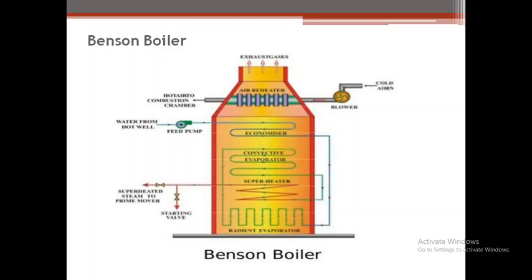The average operating pressure, temperature and capacity of the Benson boiler are 650 degrees Celsius, 250 bar and 135 tons per hour. So this is all about the Benson boiler. In this video we have seen the different parts of this Benson boiler, its working, advantages, disadvantages and applications.